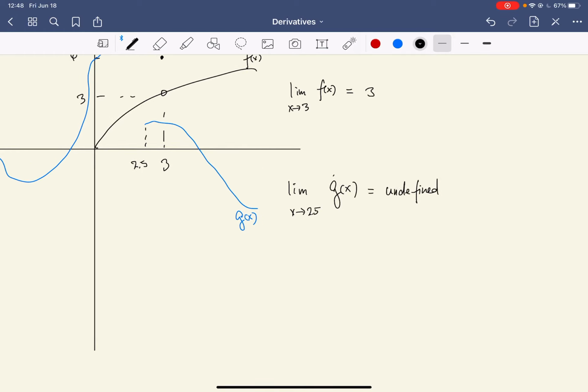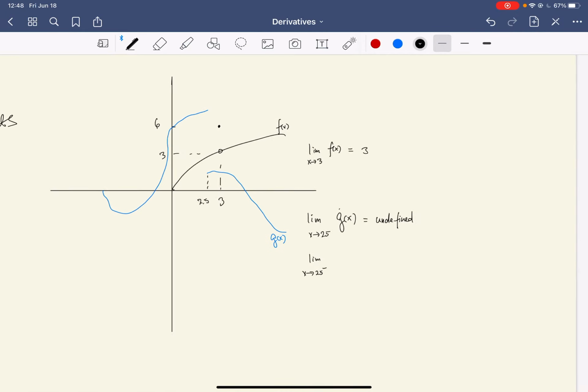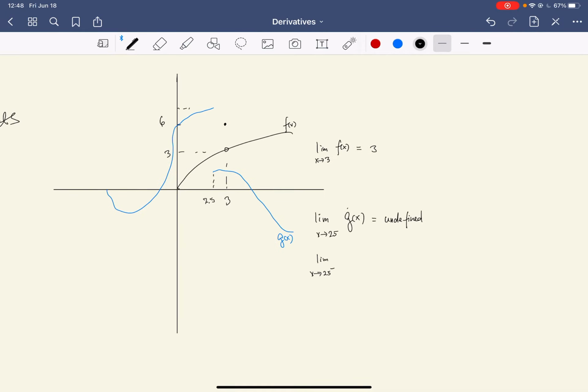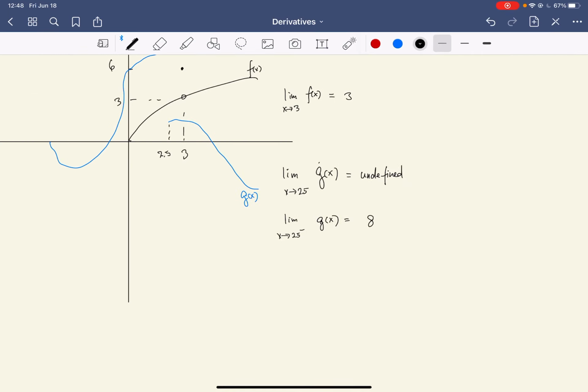We can break it up into two parts. Let's say the limit as x approaches 2.5 from the negative side, on this side, let's say this is 8, then that would be 8. And if it is the limit as x approaches 2.5 from the positive side, let's say that's 1.5, then that would just equal 1.5.